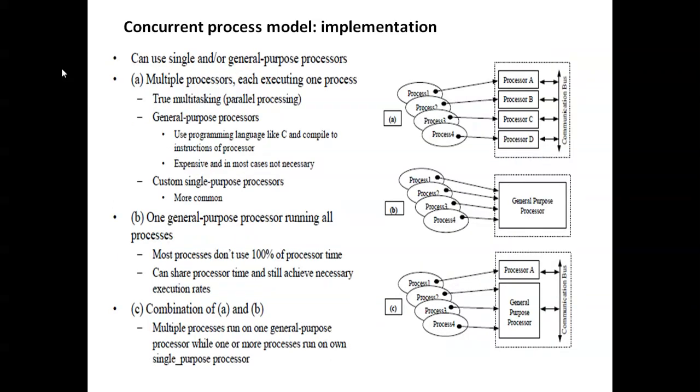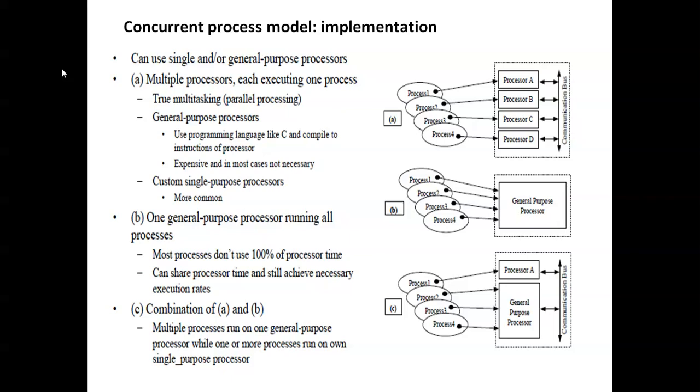So, the concurrent process model implementation. There are three ways to implement the concurrent process model. The first is multiple processors, each executing one process.